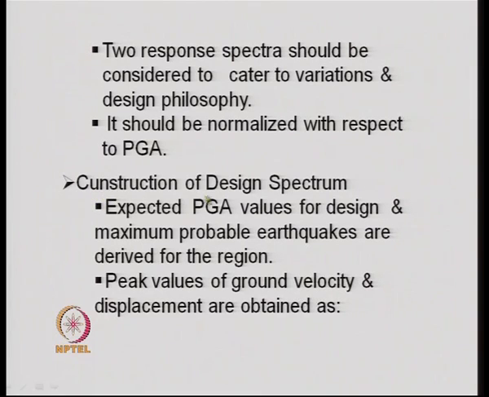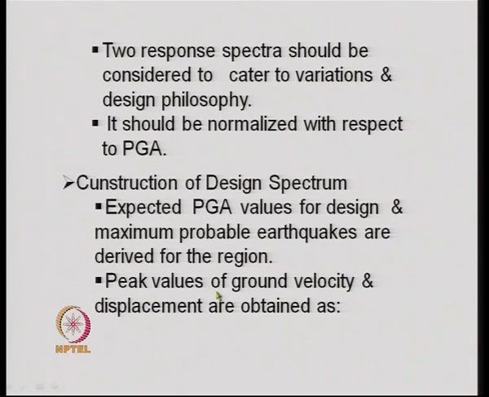Next, let us see how we can construct a design spectrum. For that we follow certain steps. First, the expected peak ground acceleration values for design and maximum probable earthquakes are derived for the region.